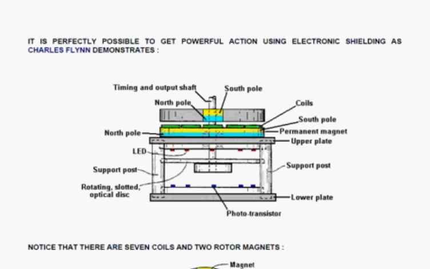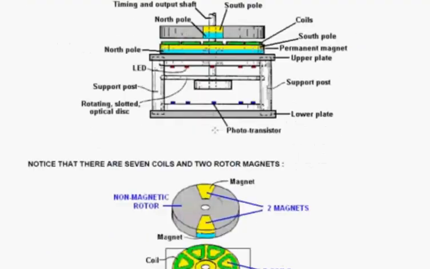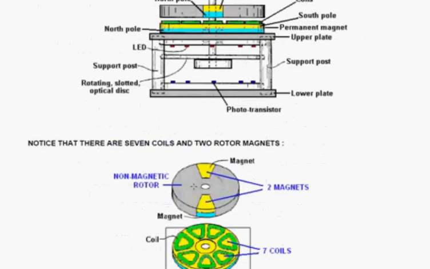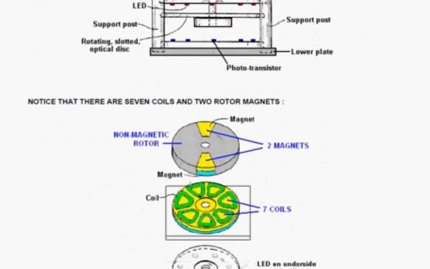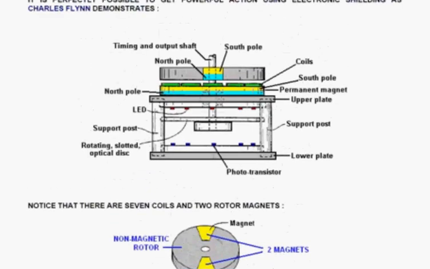And he has a rotor attached to the output shaft, which is above it. Now, the rotor above it has got just two magnets in it. And the magnetism is manipulated by 7 coils placed on top of the disc magnet.